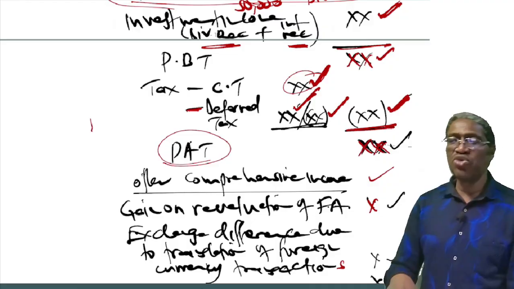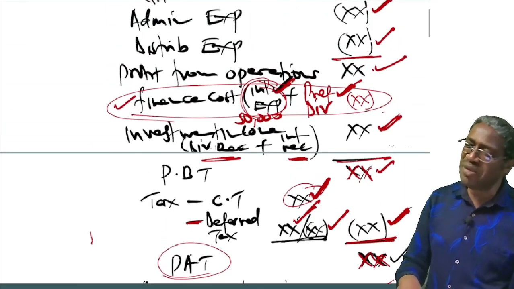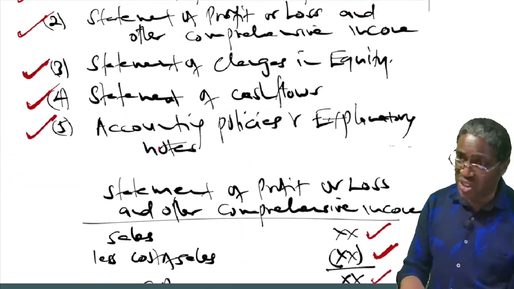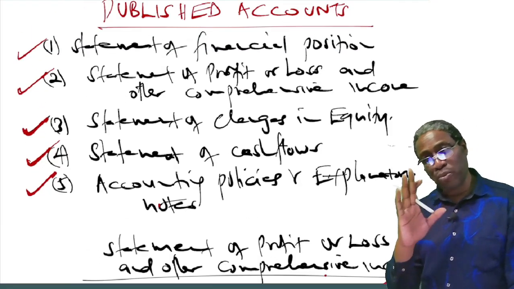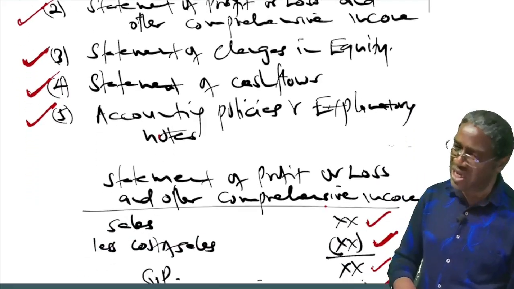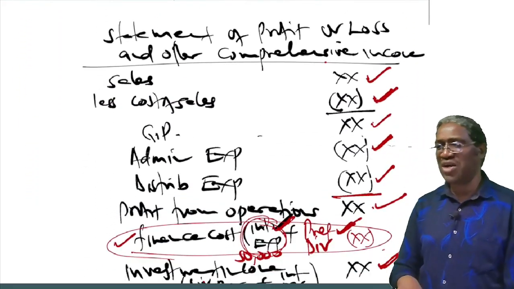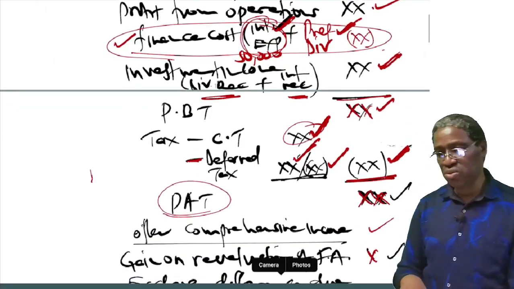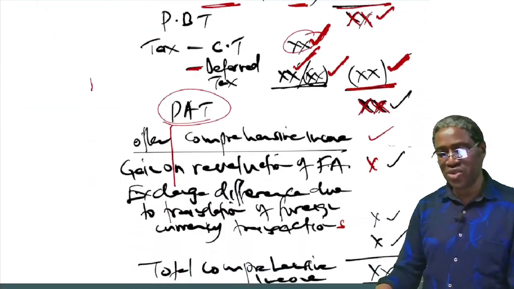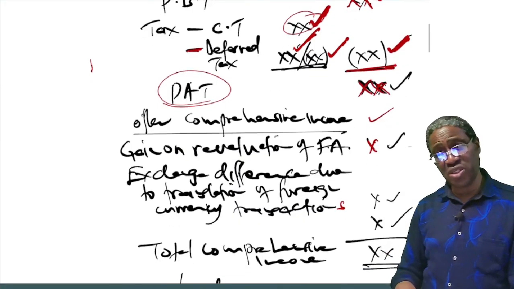Instead, we said you have to do them in the statement of changes in equity, which we shall discuss later how to prepare it. So the appropriations we said are not done on the face of the income statement. No, we said they are done elsewhere in the statement of changes in equity.